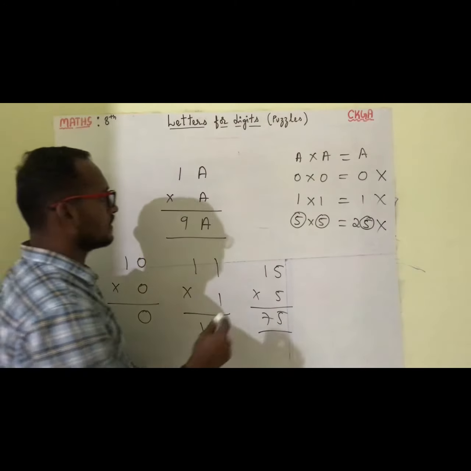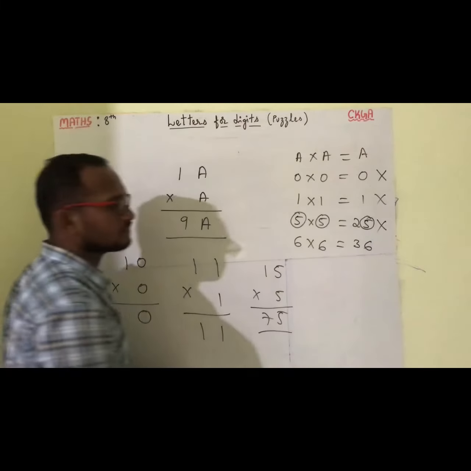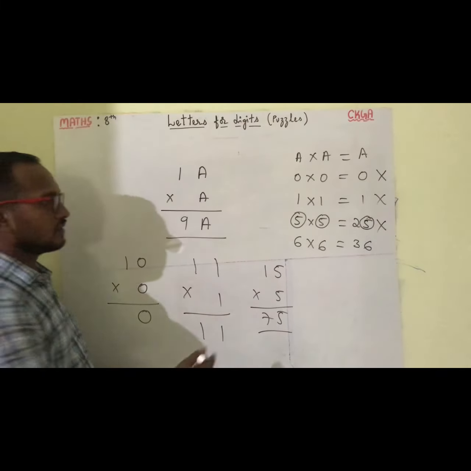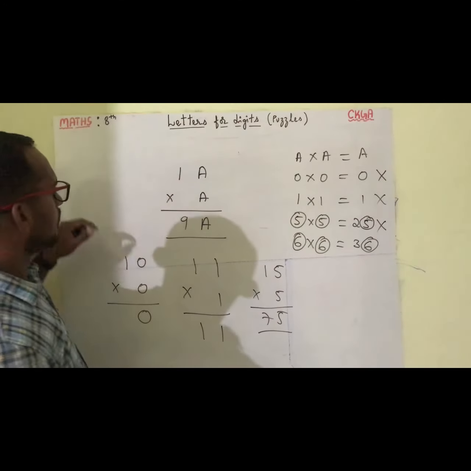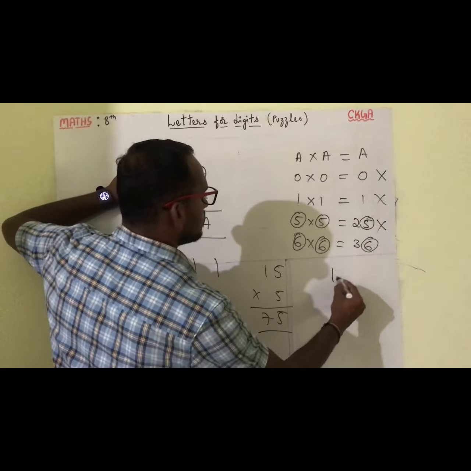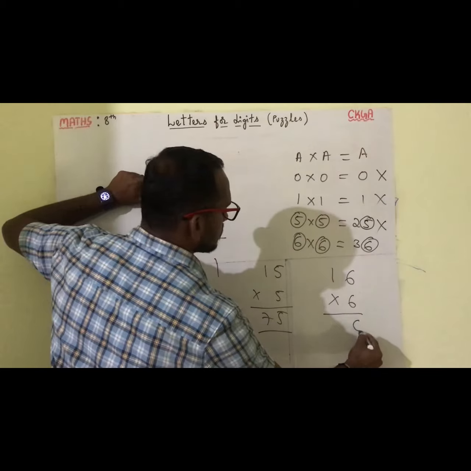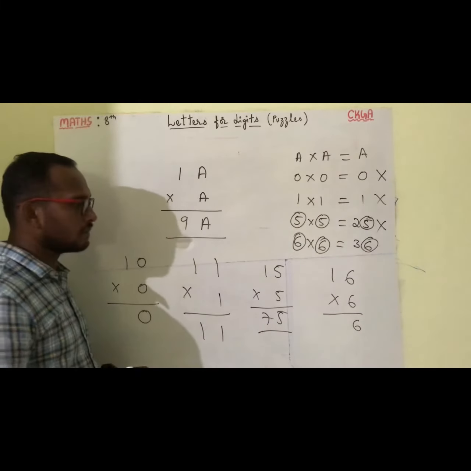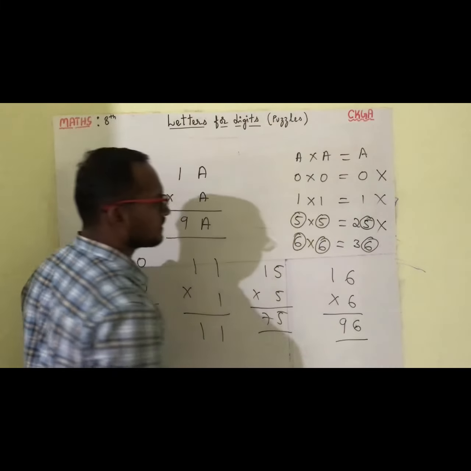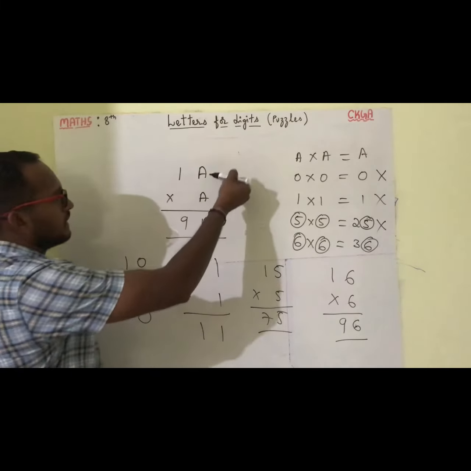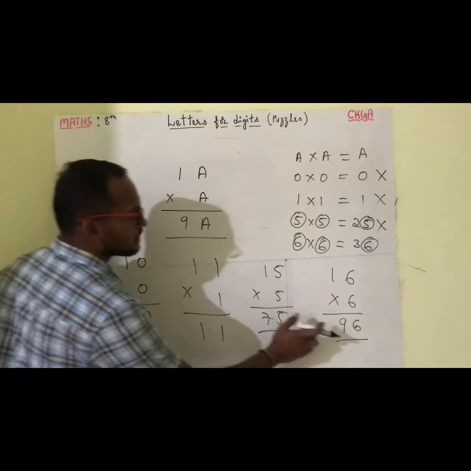Then what's next? We go for 6 into 6 is equal to 36. Let's see, the unit is 6, and 6 and 6 there is. Let me put it here. 16 into 6. 6 sixes are 36, or 6 and 6 you can directly say 96. Hope you got the result. Look at this one: 6, 6, 6, and the place of 9 is matching.